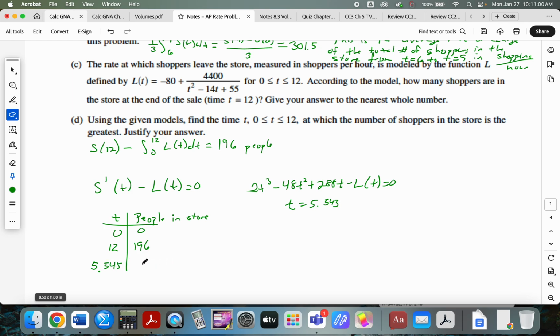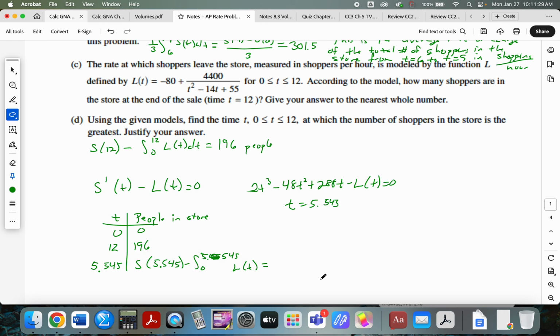the number of people in the store is going to be S of 5.545 minus the integral from 0 to 5.545 of L of t. And the nice thing is I already did that on my calculator with a 12 in it.